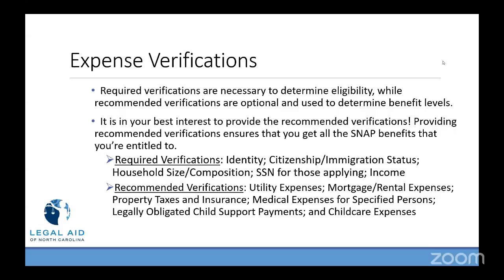Recommended verifications include utilities expenses, not so much how much you pay in utilities, but proof of which utilities you pay. That's generally the most important thing that they consider with utilities.